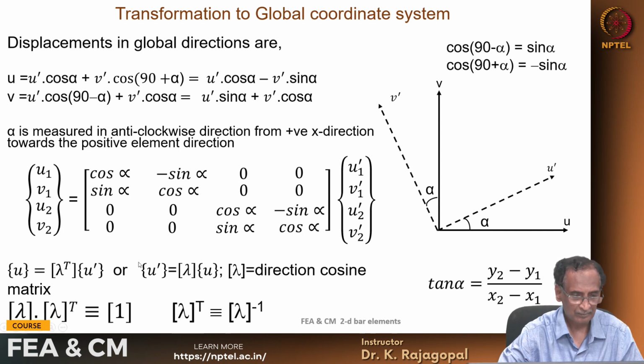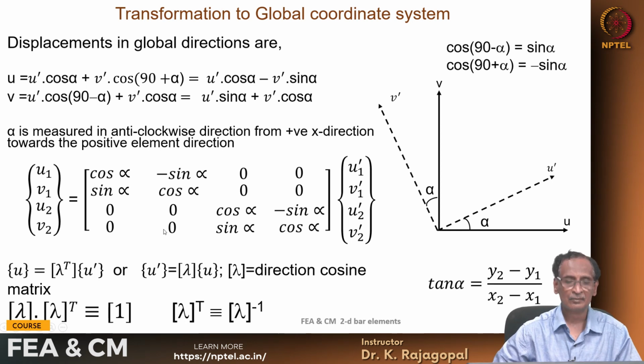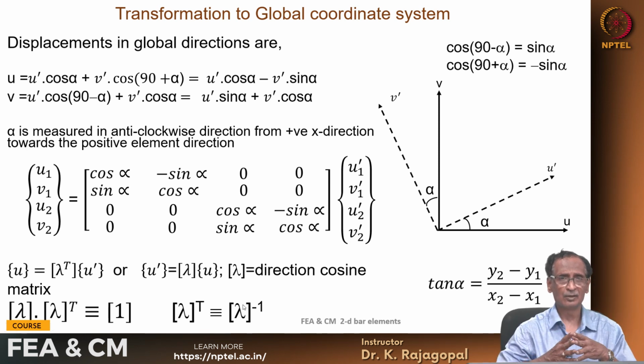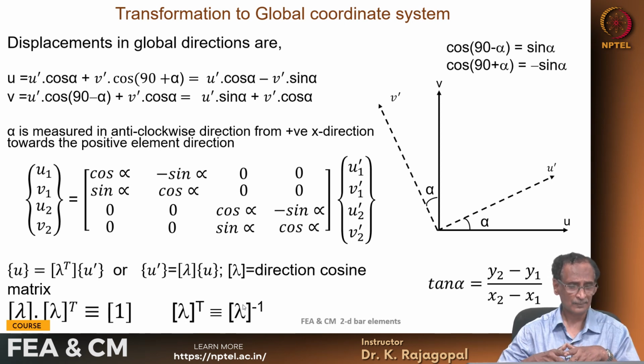And the properties of this matrix are like this: lambda times lambda transpose is an identity matrix, and lambda transpose is equal to the inverse of this matrix.